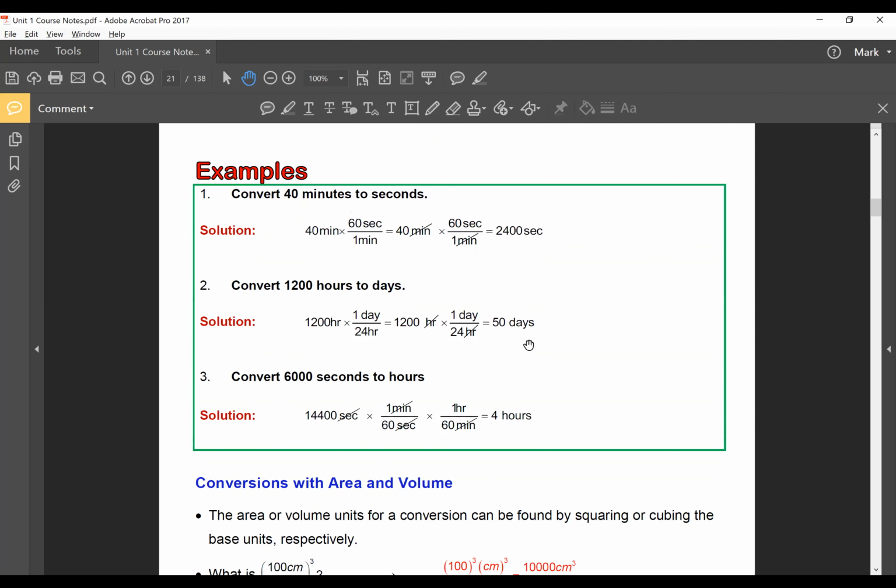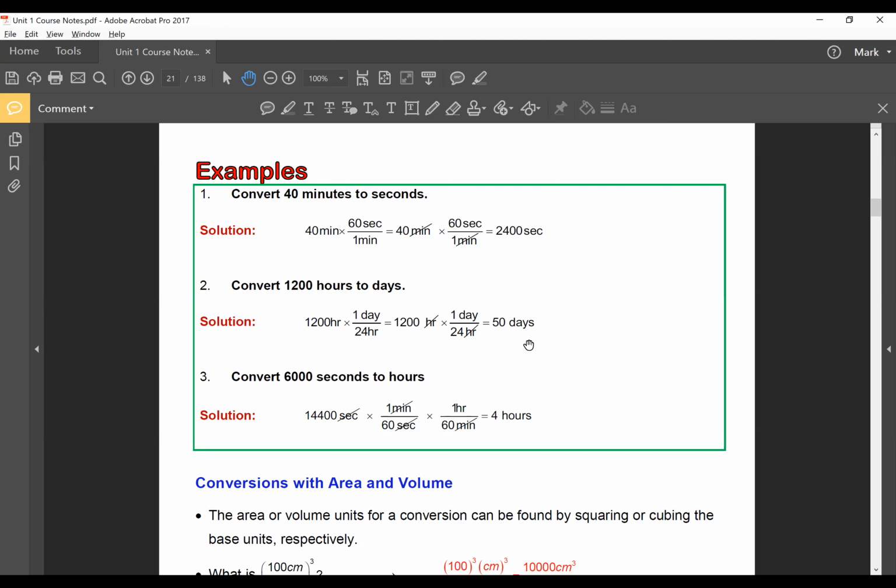So looking at time, convert 40 minutes to seconds. Now, I really want you guys to think, don't think about Math 1700. Think about if somebody gave you a pen and paper or a calculator and said, how many seconds would be in 40 minutes? And imagine you've never come to math class. This was last semester or something. What would you do? 40 minutes to seconds.